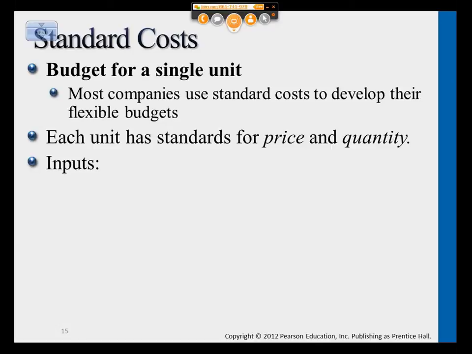Many companies are going to use standard cost for developing flexible budgets. What it is, in fact, is a budget for a single unit. We can calculate this budget for a single unit. Just think of the standard cost as a budget for just one single unit.